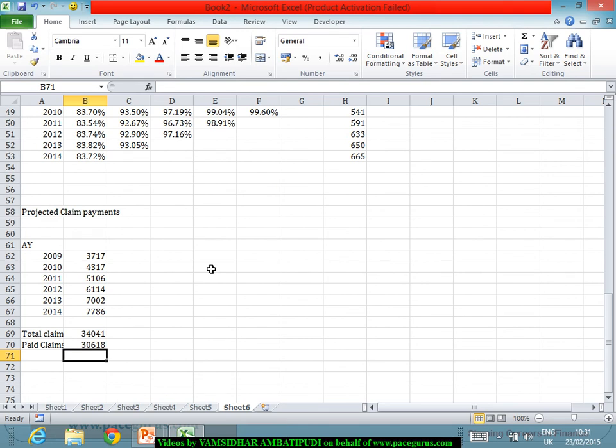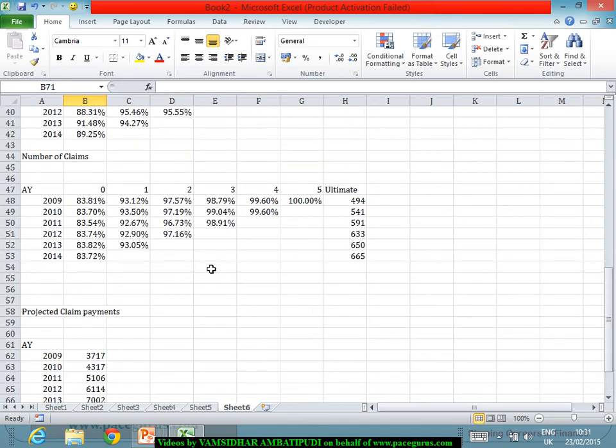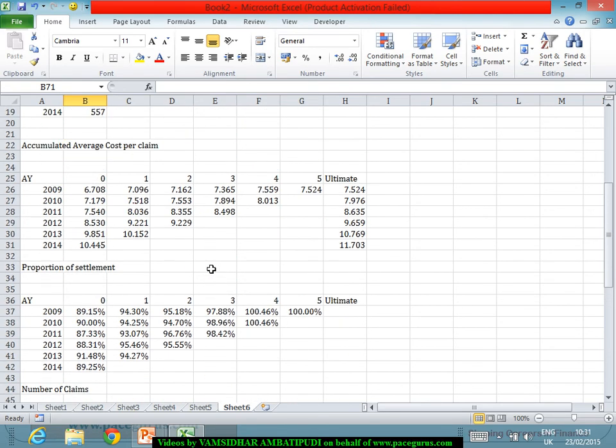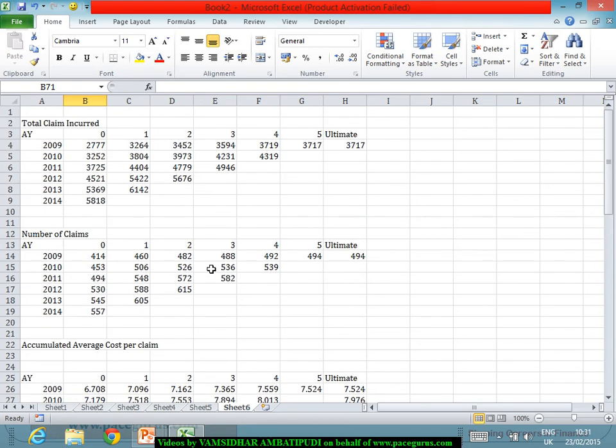So which means whatever the claim that is left to be paid is the remaining amount. Right? Whatever are the claims that are paid till date, yeah, the total claim amount that is paid.